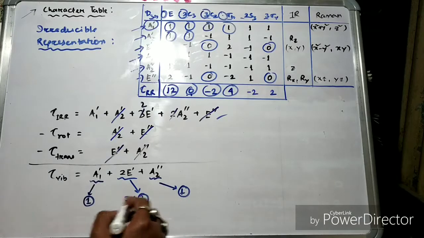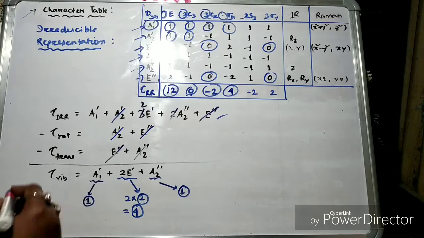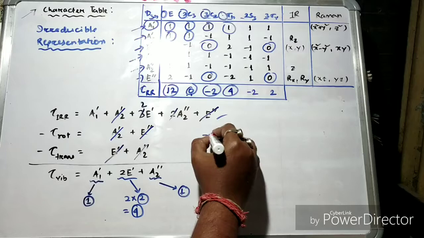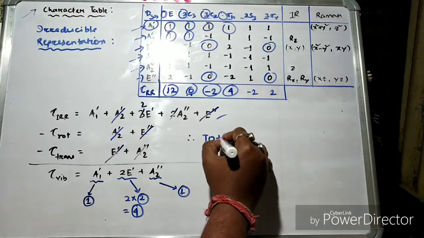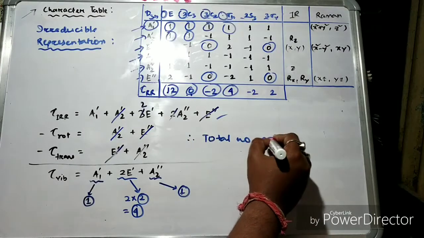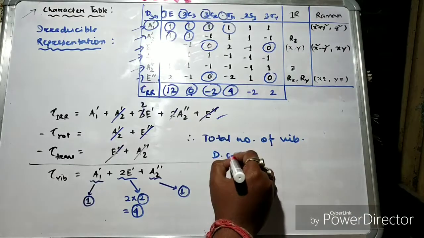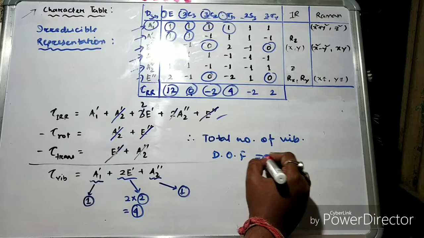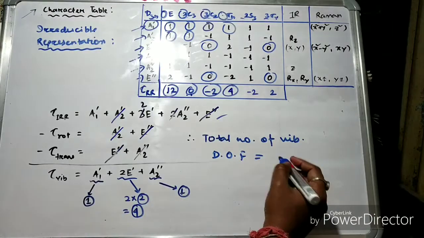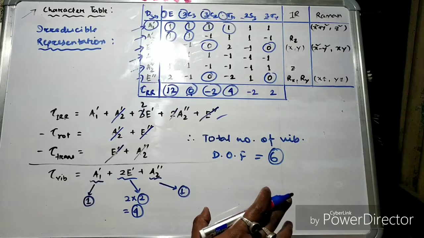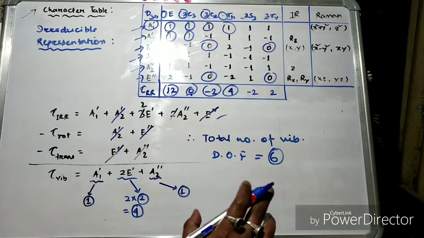So the total number of vibrational degrees of freedom will be equal to 4 plus 1 plus 1, which is equal to 6.